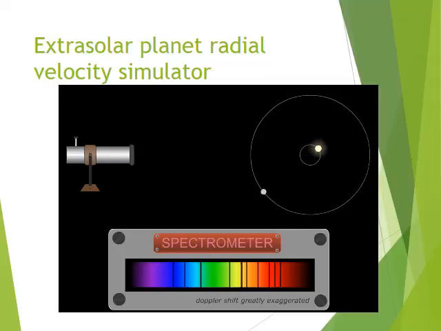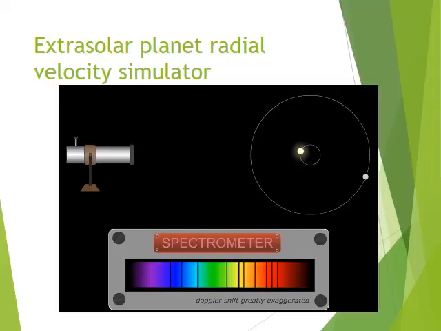So notice the black lines there are moving, right? They're moving to the right. They're moving to the left. And so when they move to the right, we would call that a red shift. When they move to the left, we call that a blue shift.